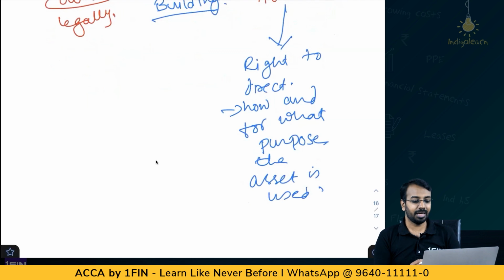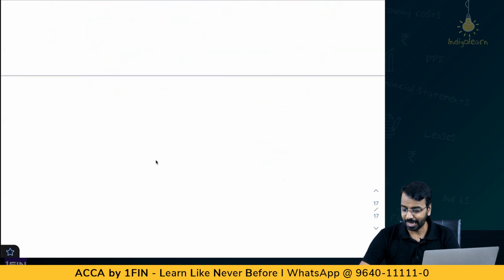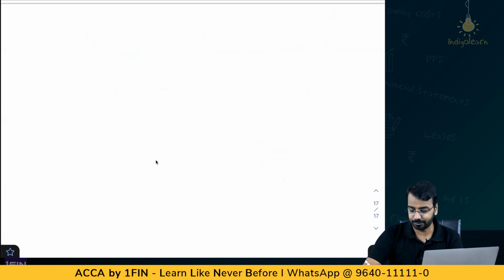So if I have taken an asset on rent and if I want to apply IFRS 16 and say, okay, this is lease accounting, then please remember, I must have the right to control, I must have the right to direct the use of that asset.